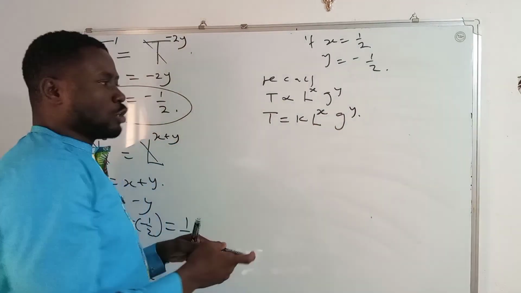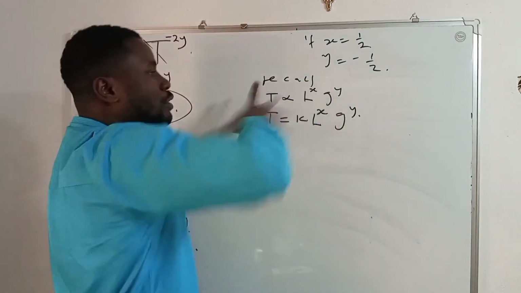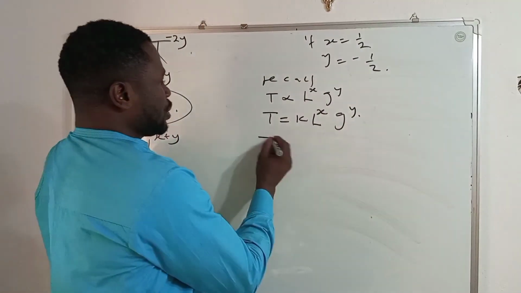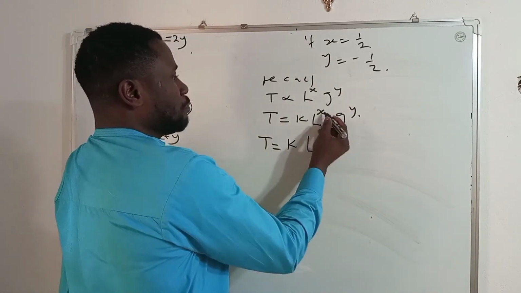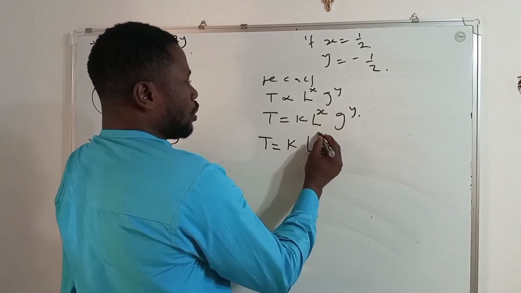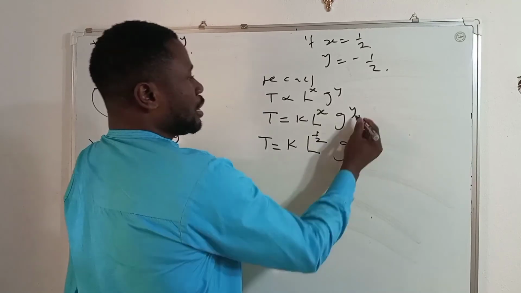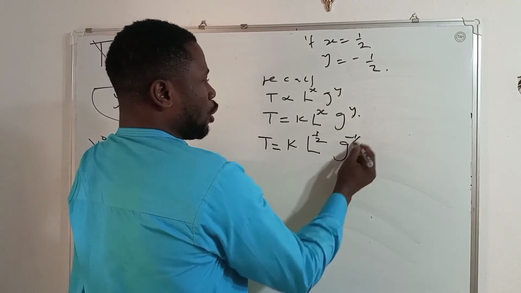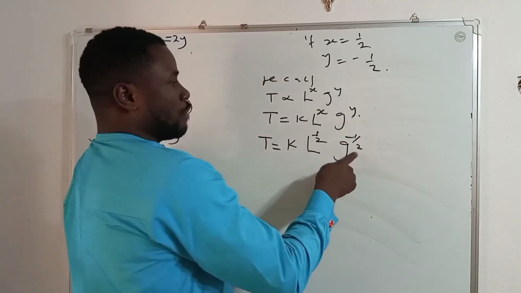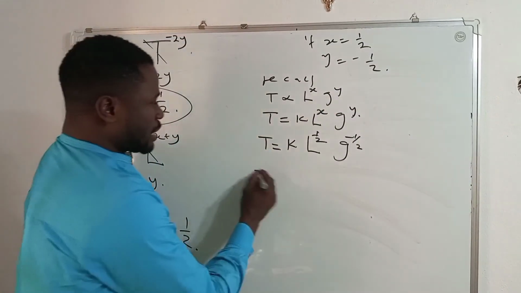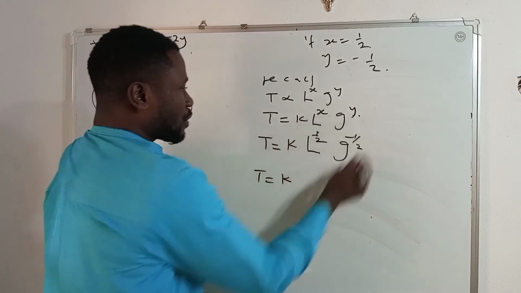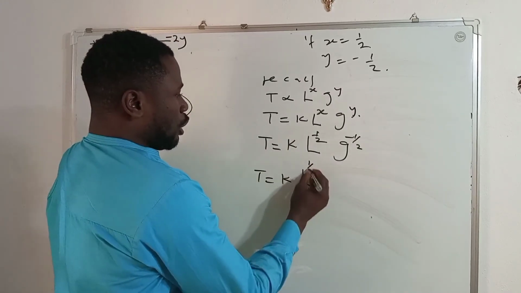So at this point, what you do is to substitute the values of x and y, and this will be t equal to k, l, in place of x, we're going to have 1 all over 2, and then g raised to power y, that will be minus 1 all over 2, which represents the value of y.